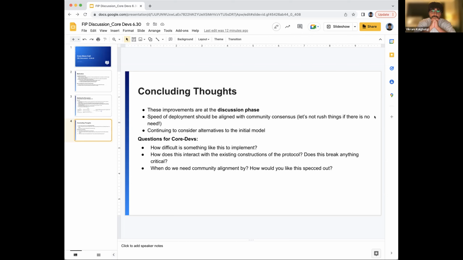Any other? Yeah, obviously, important points here we'll go and raise in written form as well. But my impression is this is going to interact with a few existing constructions of the protocol, mainly because when the reward for a sector increases, that changes its initial pledge, and that pledge is used as an input to lots of calculations. In particular, everything to do with penalties ends up being produced out of this as well.